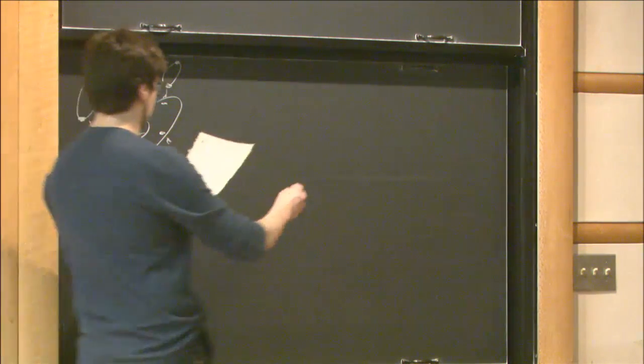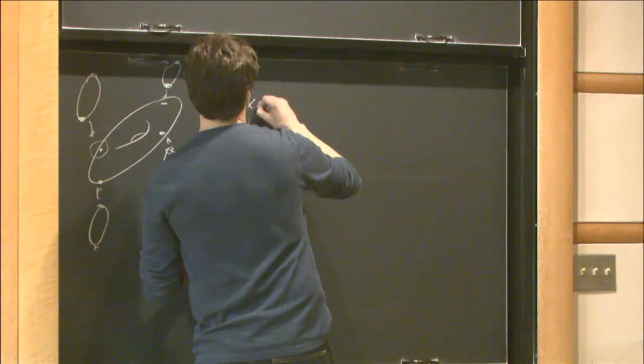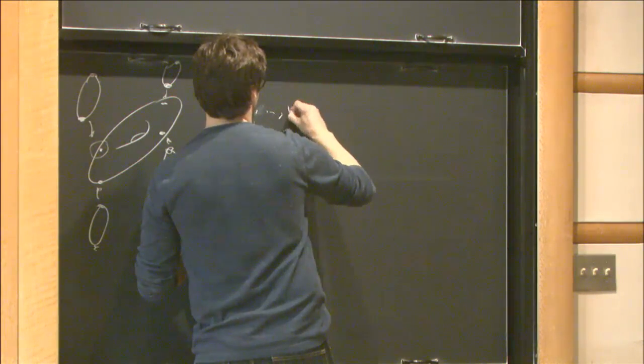Okay, and then you define mu^n(x_1, ..., x_n).